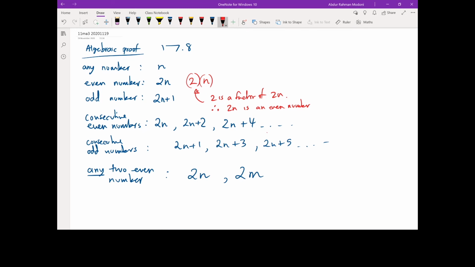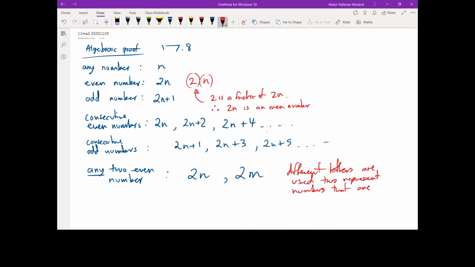Okay, so a note: different letters are used to represent numbers that have no links to them. Yeah, i.e. it's not consecutive or it's not the 5th one.